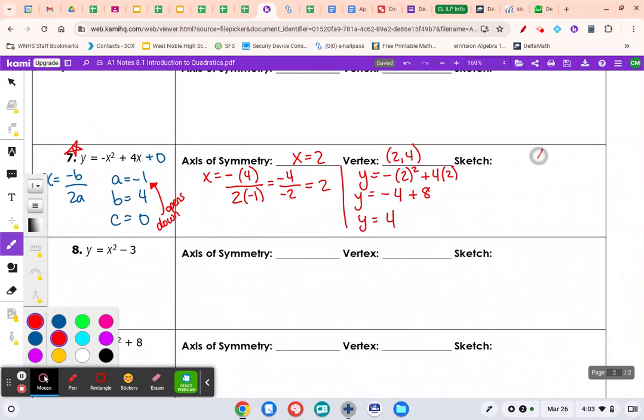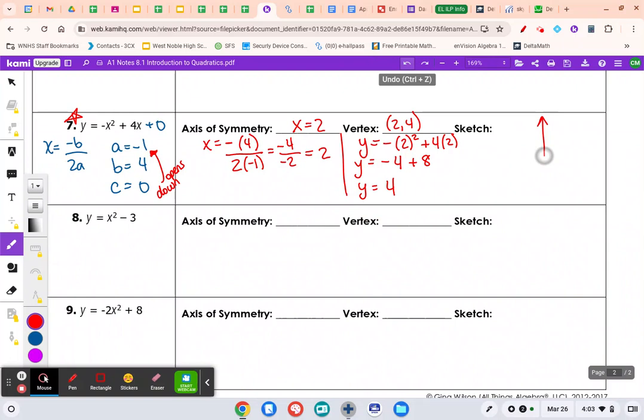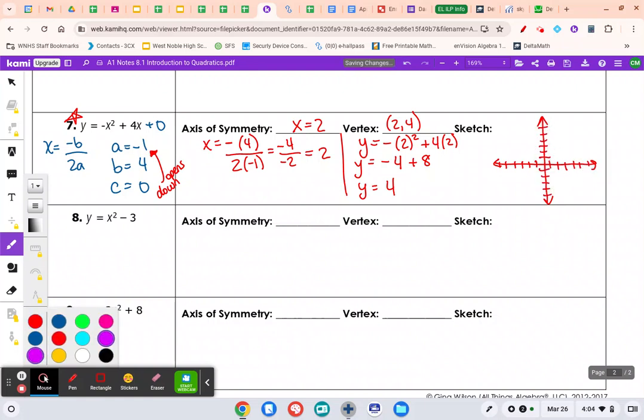We can sketch ourselves a little graph here. Let me make it bigger. So we have our vertex point, always graph that first, over 2, up 4.